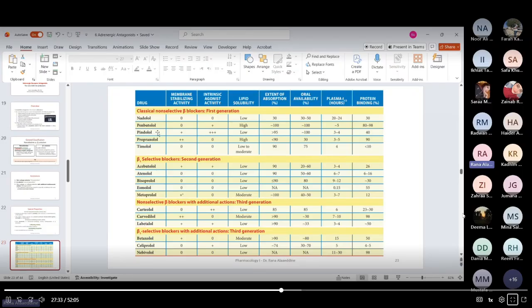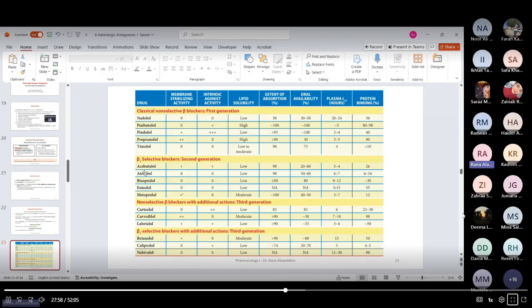Okay, so guys, we have now a list of beta blockers. Nadolol, Pindolol, Propranolol, Timolol, Atenolol, Bisoprolol, Esmolol, Metoprolol. So we have a lot of lols that we have to be aware of, okay? So what are we going to know? So the first 5 drugs are first generation.